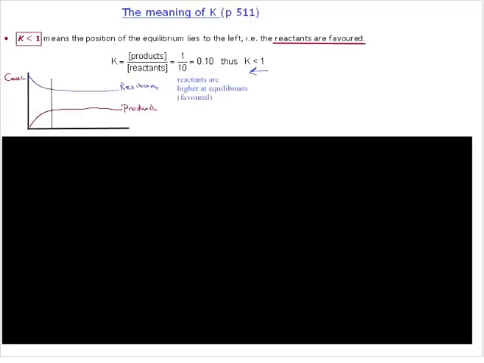And graphically, this is a situation where the reactants and products don't cross, because once we've achieved equilibrium, the reactant concentration is higher than the products. And every time the reactants are larger than the products, we're always dividing by a bigger number. So we would always end up with a decimal when the reactants are larger.